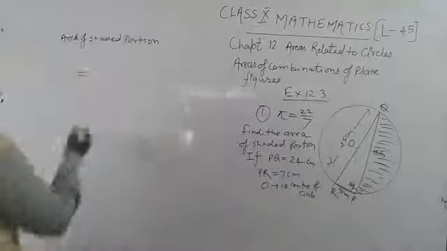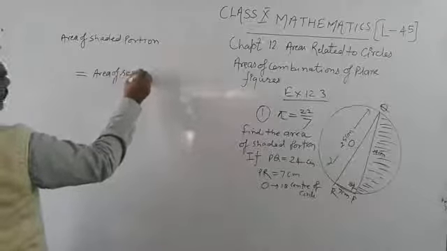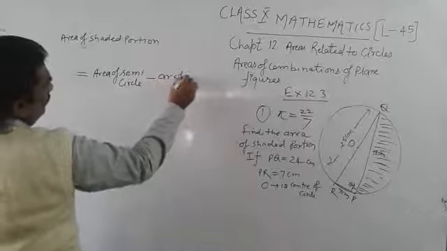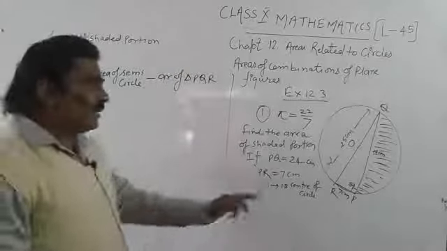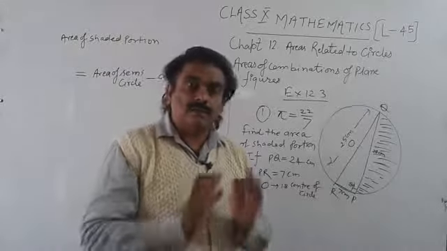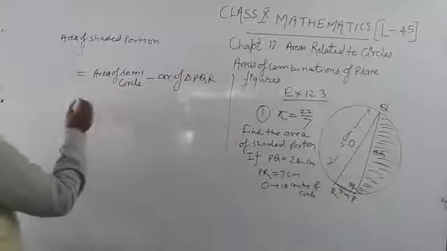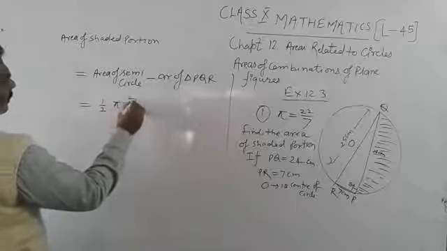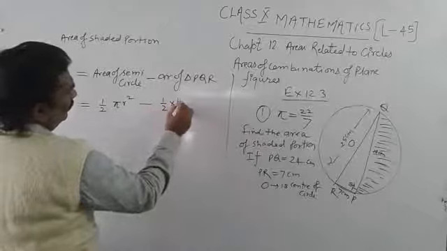So, we can write here area of semicircle minus area of triangle PQR. If we subtract the area of this triangle PQR from the area of the semicircle, then we can find the area of the shaded portion. Now area of semicircle means 1/2 pi r square minus area of PQR, that is triangle, 1/2 into base into height.